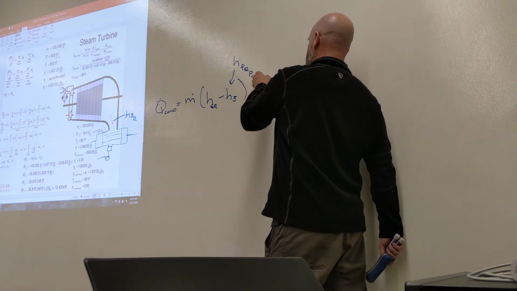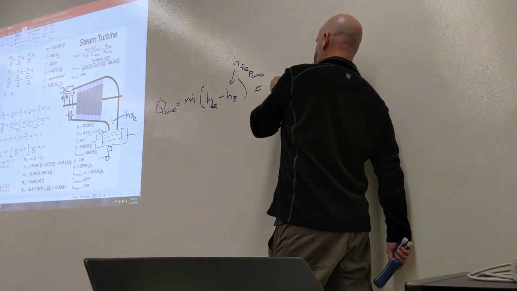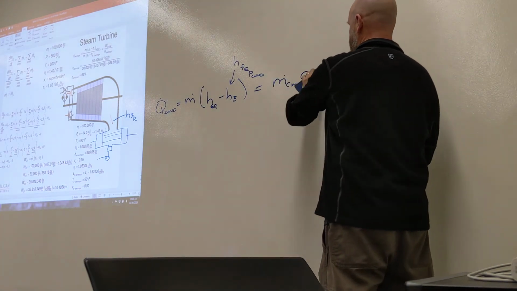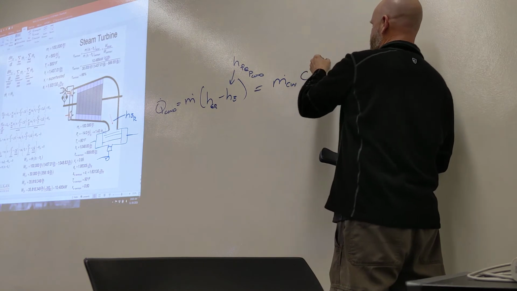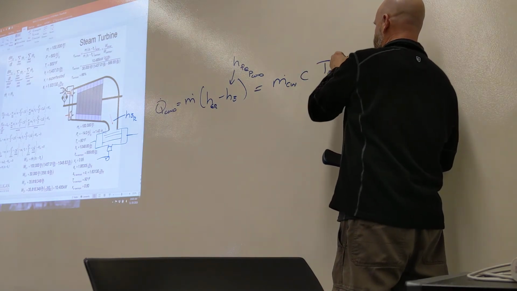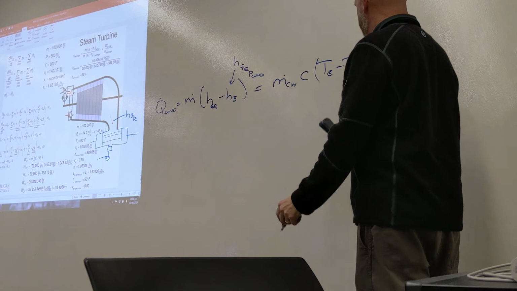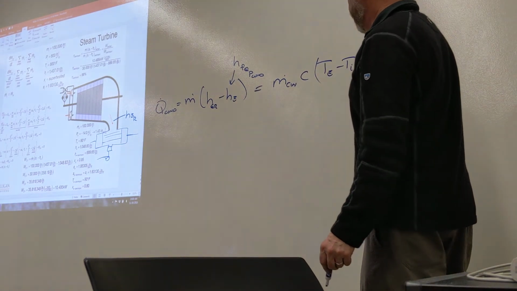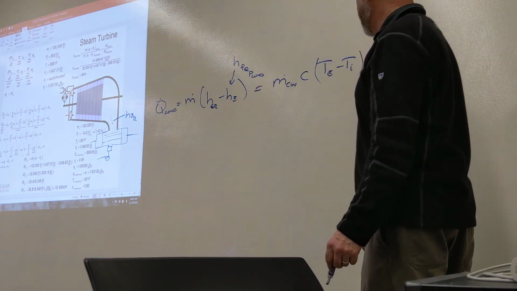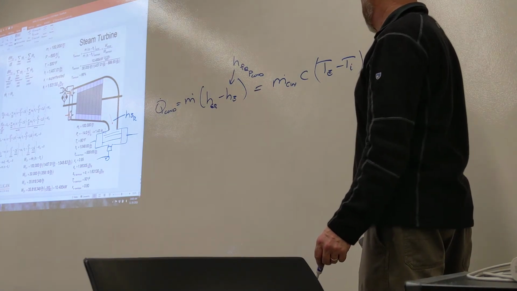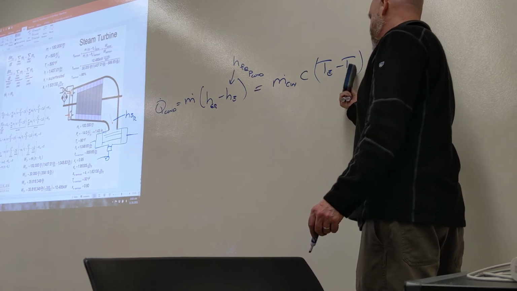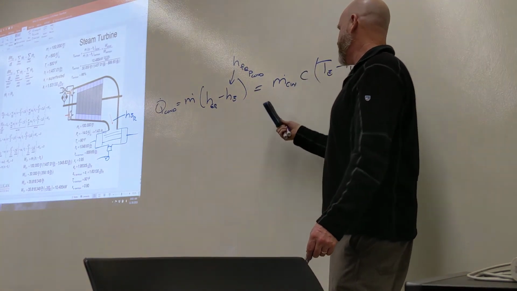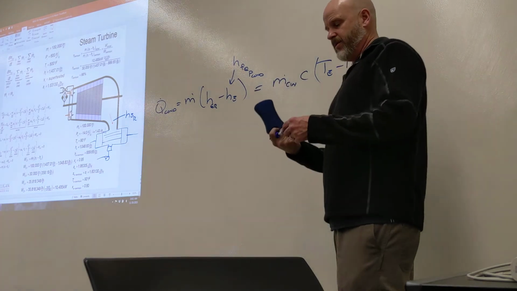Then that's got to equal mass flow rate of cooling water times specific heat, times T exit minus T inlet of the cooling water. I probably got signs wrong. No, those signs will work, I think. With a delta T of 10 or 20 and a specific heat of 1, solve for the mass flow rate of cooling water.